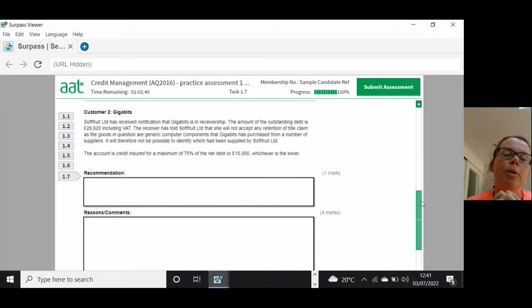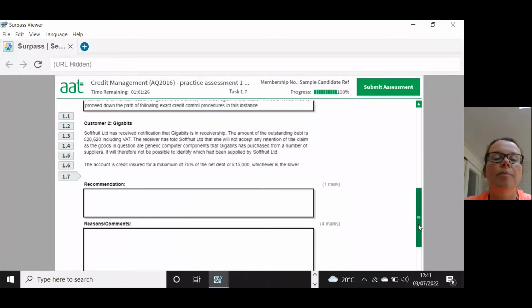It will therefore not be possible to identify which had been supplied by Softfruit Limited. The account is credit insured for a maximum of 75% of the net debt, or 15,000, whichever is the lower.